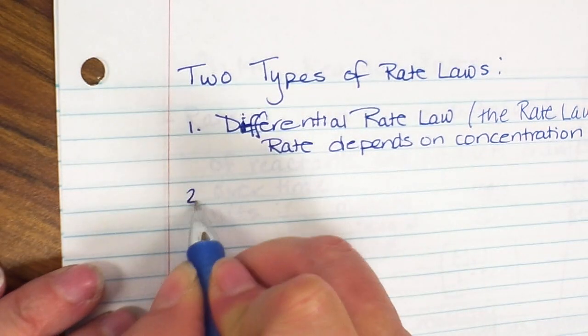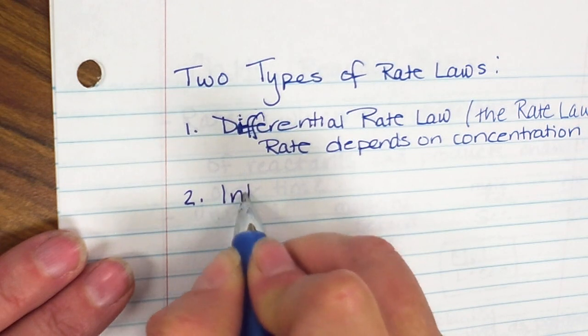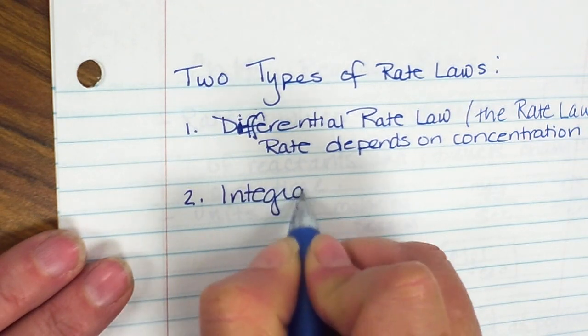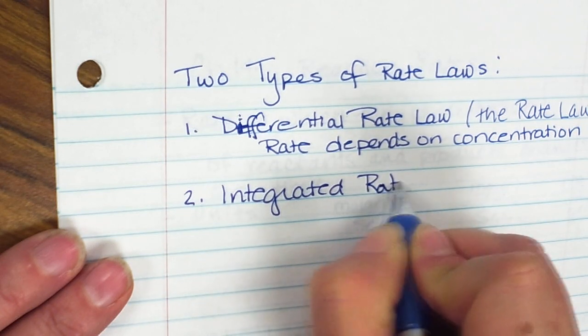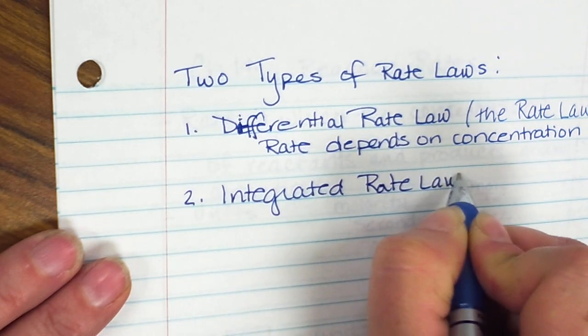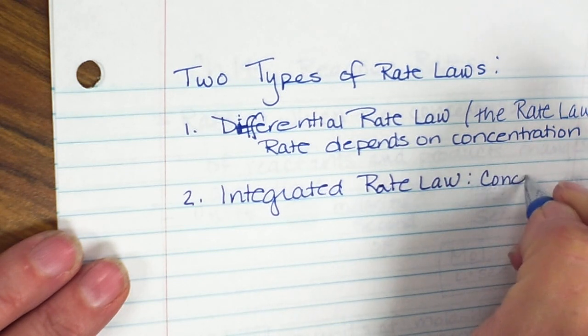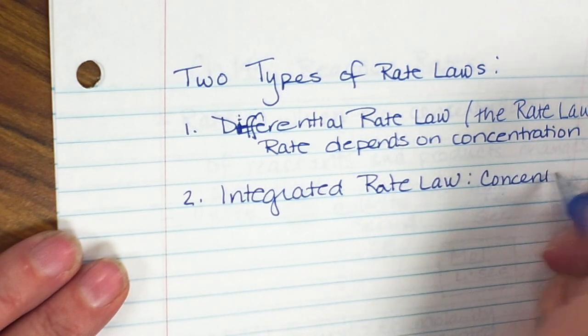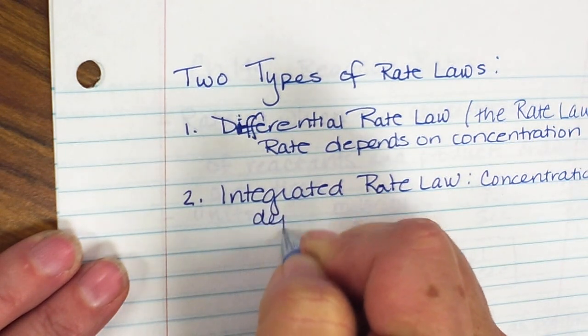Okay, number 2, the integrated rate law, which we don't do much with, but we do a little bit. Concentrations depend on time.